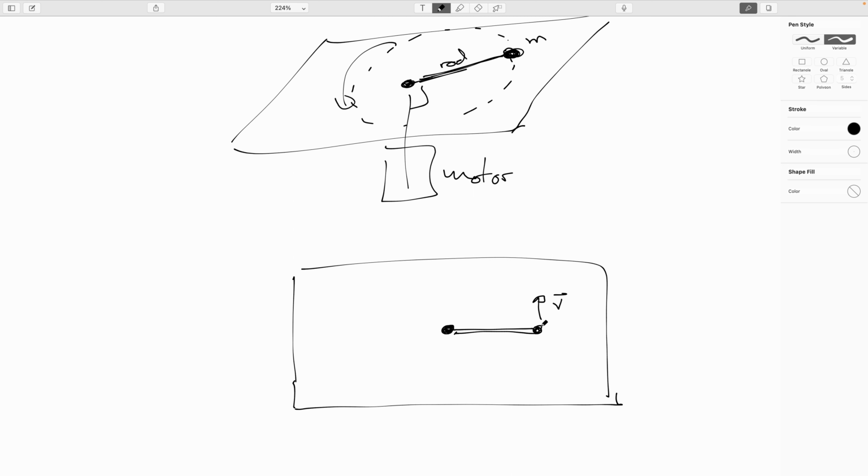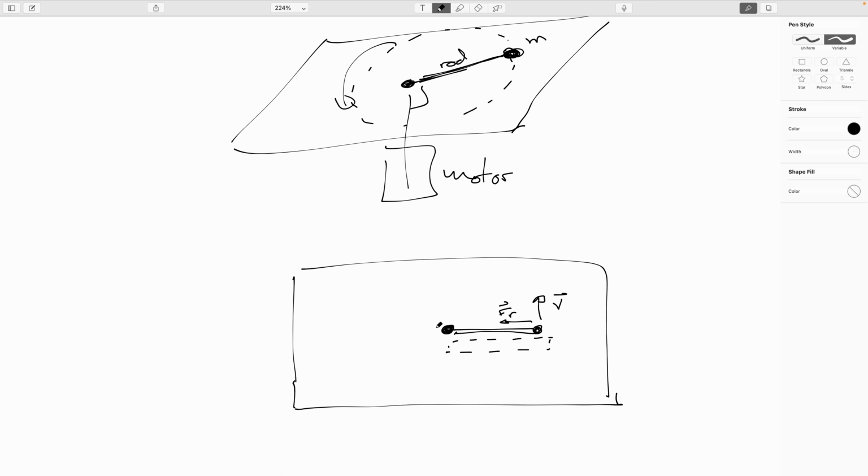Since the motor here is trying to change that, what will happen is that my rod will get a little bit longer, like so. And in its attempt to return back to its original shape, it will be exerting an inward force, like so. But that isn't the whole story.